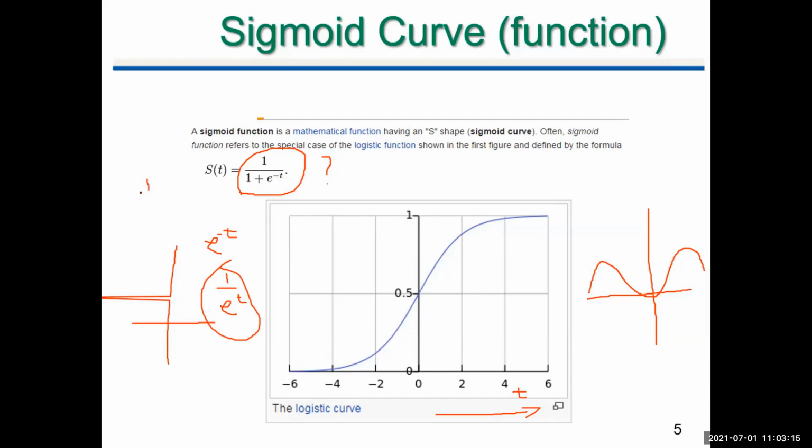If I put 1 over like 1 trillion, that's very small, and it keeps getting smaller as t gets very negative. So it does appear to have these properties, and it's plausible that it has this shape. We can also check at 0, is it equal to 0.5? Yes, because when t is 0, this is just 1. So we get 1 plus 1 on the bottom, 1 on top, so it's 1 over 2, which is 1/2. So anyway, this is the curve.